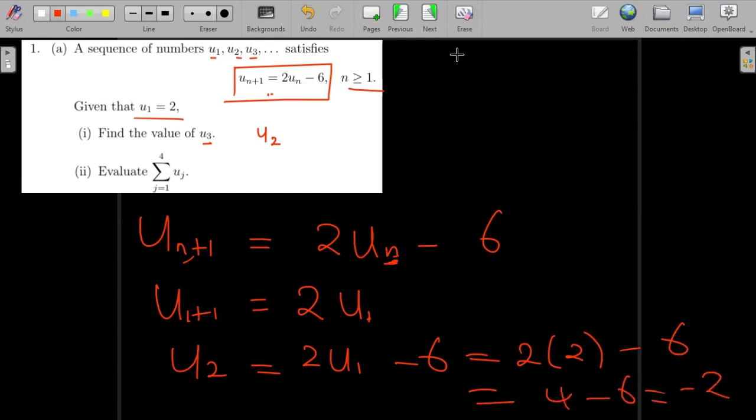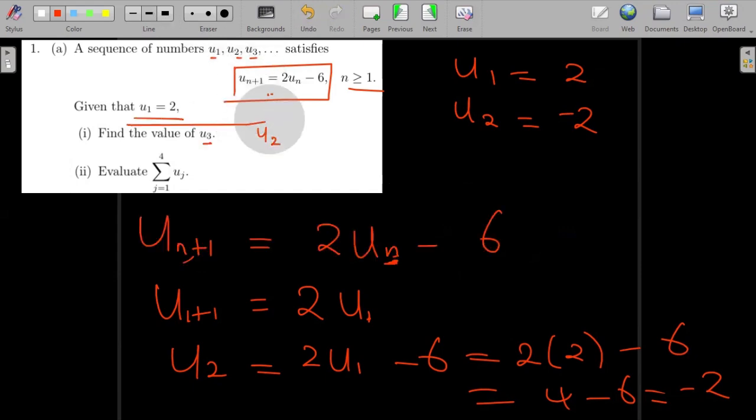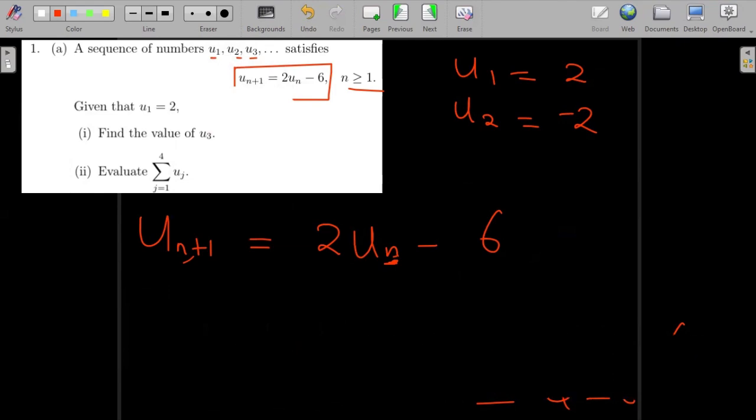So the U1 we've been given is 2, and the U2 we have found is minus 2. What about U3 now? I'll do the same as what I did when finding U2.